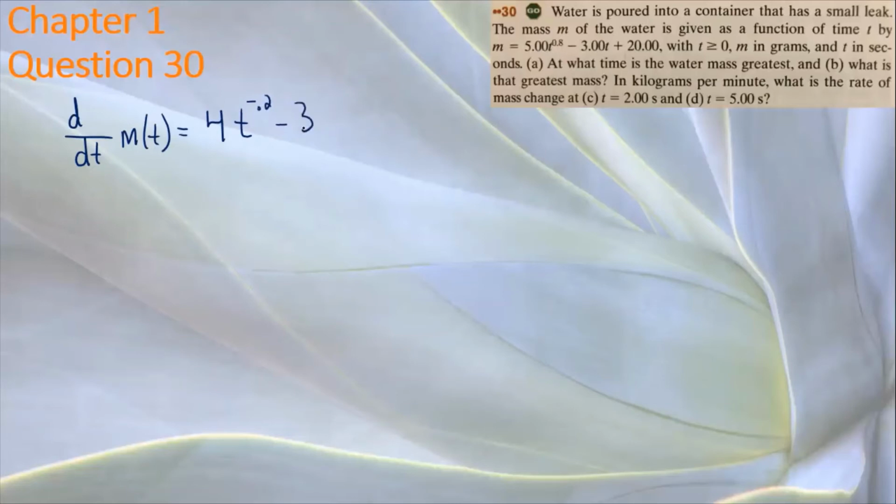So now we want to find the rate of mass change at t equals 2. So we're going to set t equal to 2 in the derivative of our mass equation. So when we do that, it's going to look like 4 times 2 to the negative 0.2 minus 3.